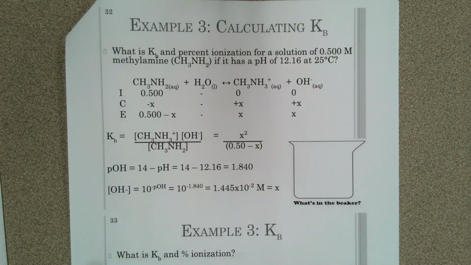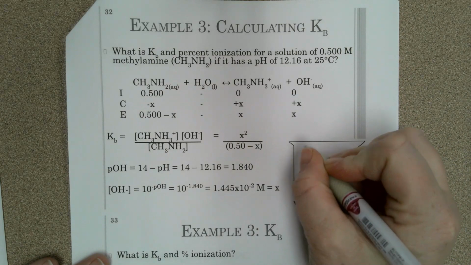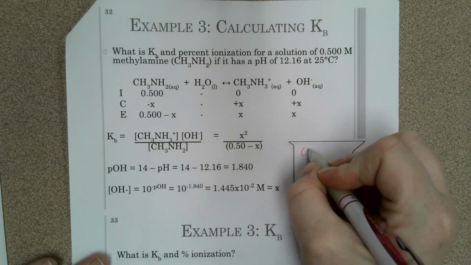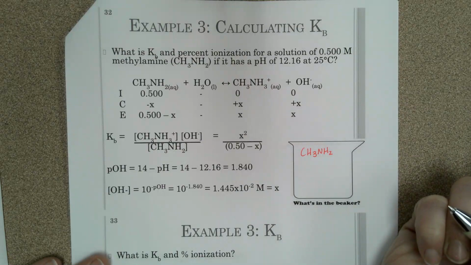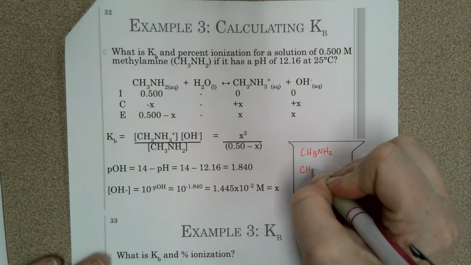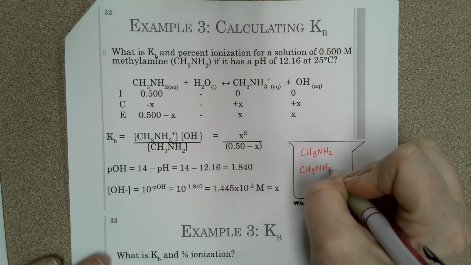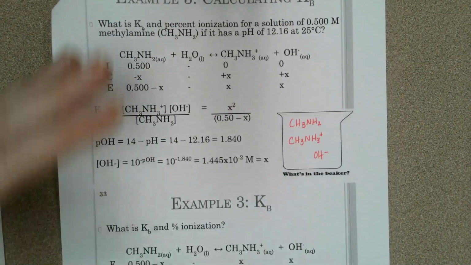Okay. Now, when we look at what's in our beaker here, because this is a weak base, we're still going to have some of our initial methylamine, which is our weak base. We're going to have some of its conjugate acid, and also some hydroxide floating around in here as well.